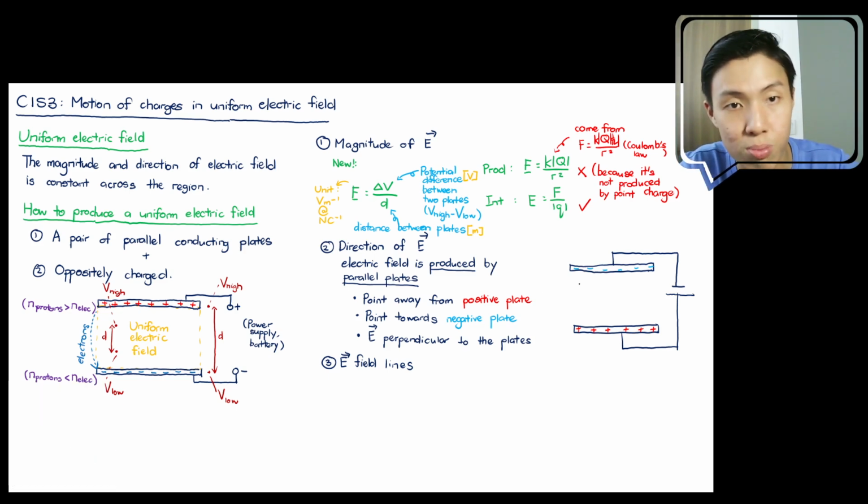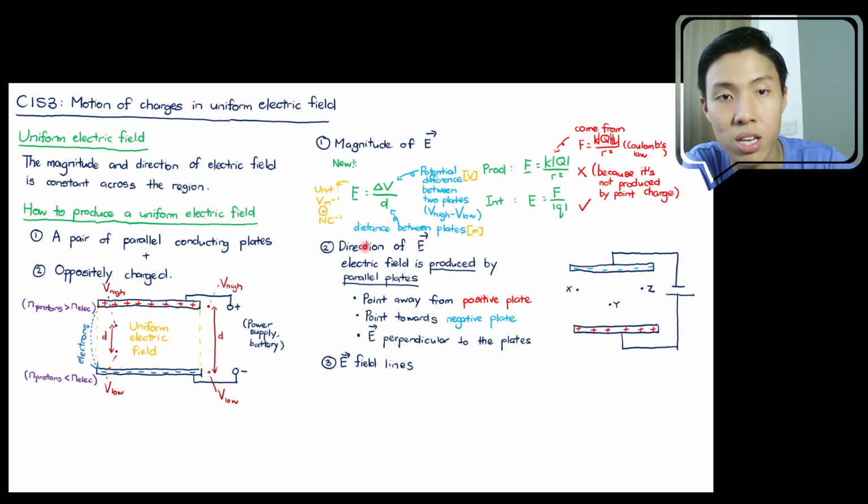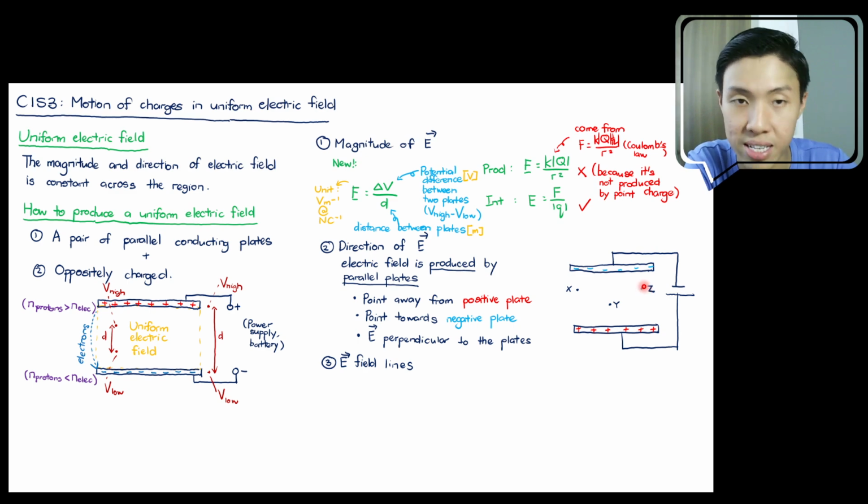Let's say you want to find the electric field at X, at Y, and at Z. Everywhere in this region, as I mentioned just now, you have the same magnitude and same direction. So you should expect the electric field at X, Y, and Z to be exactly the same.